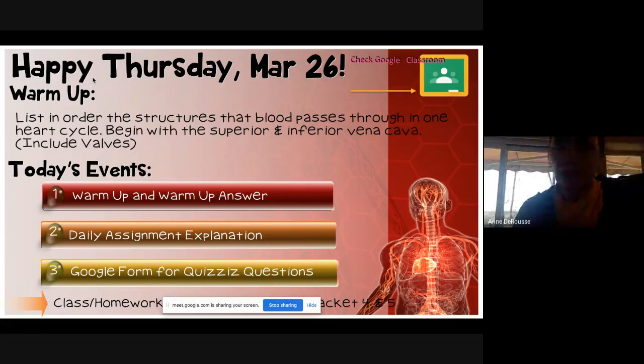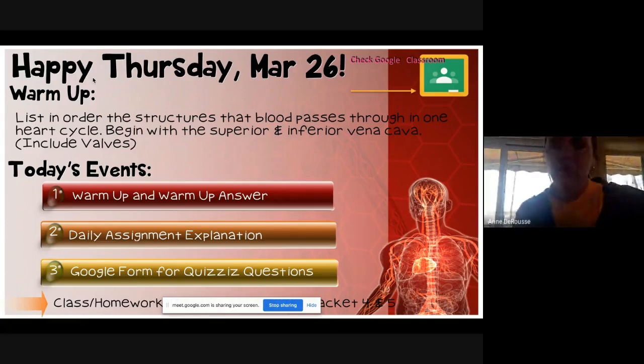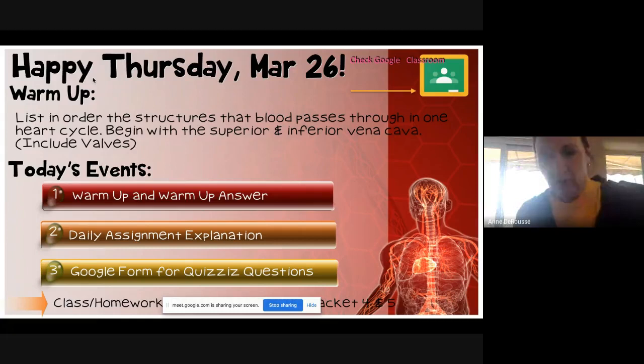Think back to your diagram yesterday that you made. And it's coming from the lower part of the body, the inferior vena cava. Where is the chamber that they both enter into? So from that chamber, where does the blood go next? So that's what I mean. So even include valves. Just see the best you can do.